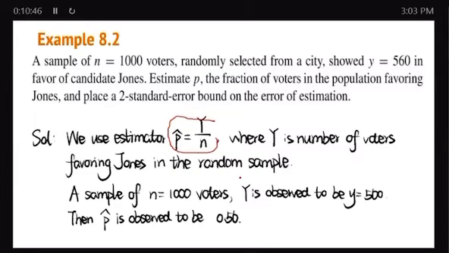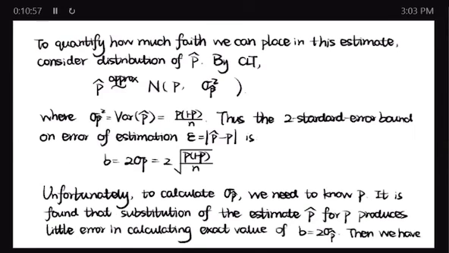Does that make sense? Now, we can impose the central limit theorem because the sample size is large. Then it's going to be approximately normal. You can see this by CLT. The CLT means central limit theorem. The sample size is large enough to impose a CLT. So I can write that my p cap is approximately normal.